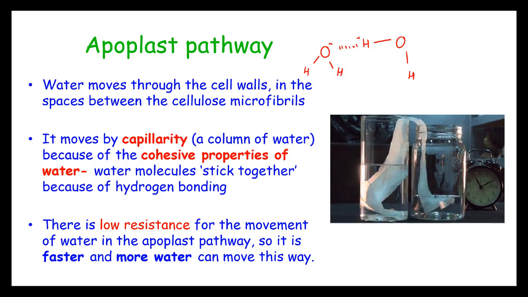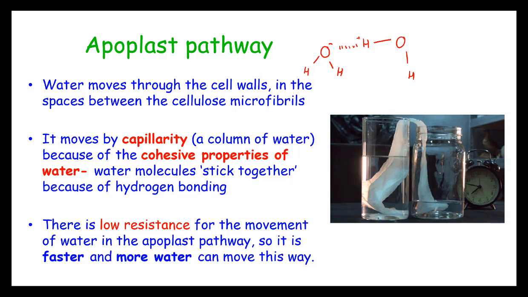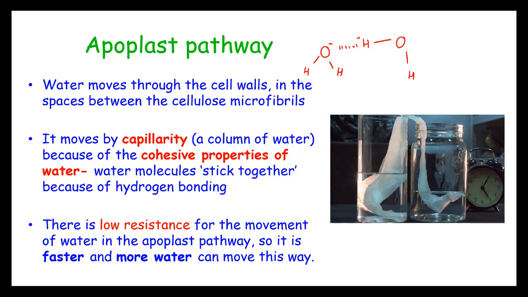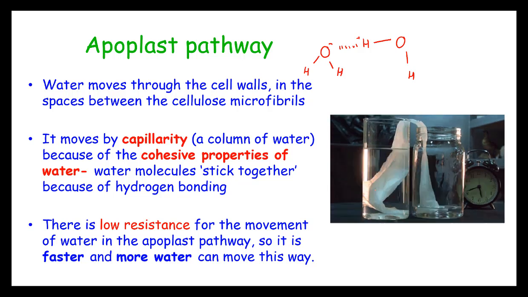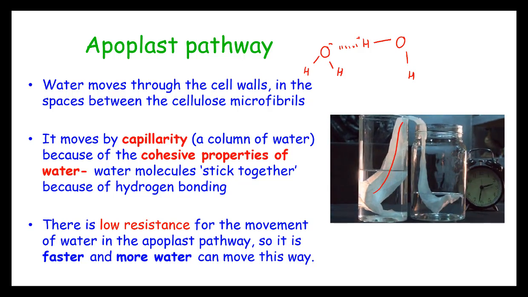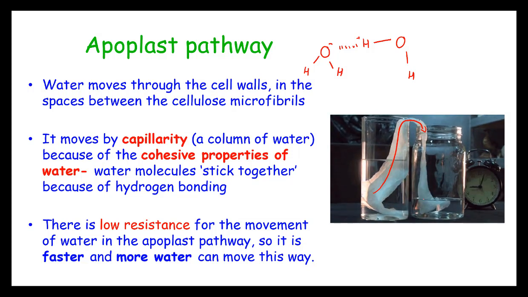Basically you could do this at home, where if you get a piece of kitchen roll, 2 beakers of water or 2 cups of water, and in one of them you start off with an empty cup, and in the other one you start off with a full cup, the water will actually move very slowly by capillarity from one cup to the next.